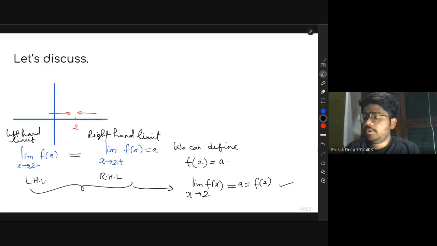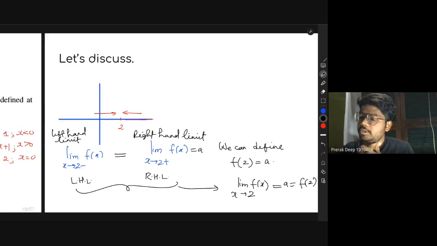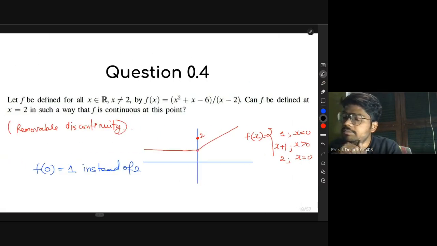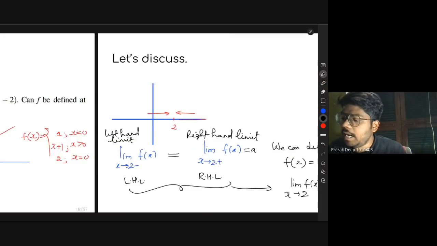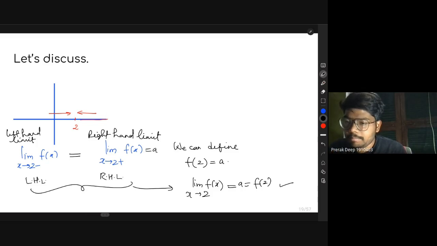Okay, so if I come back to this question, in order to say that this function can be defined as continuous at the point x equal to 2, we need to show that its RHL and LHL make sense.